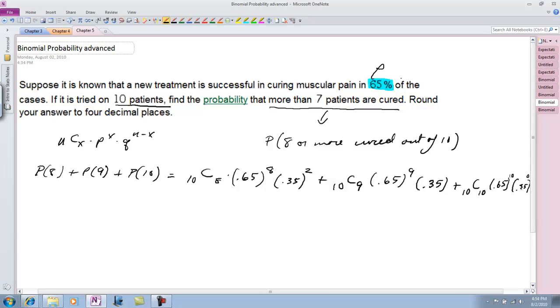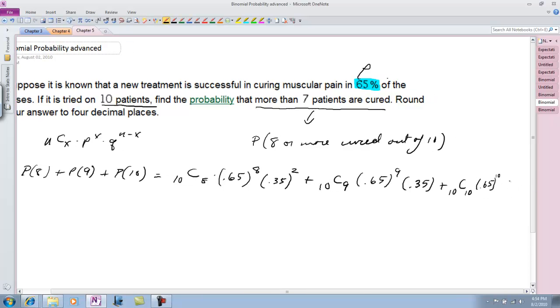What's 0.35 to the 0? It is 1, so we don't really have to think about that either. I'll leave it in and get rid of it in the next step. 0.35 to the 0, so that's how we would fill it in.